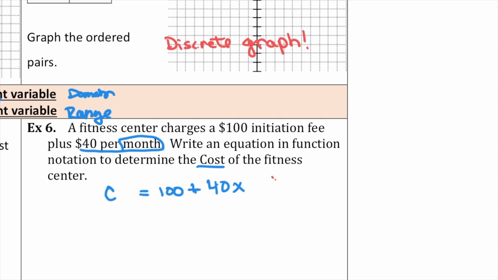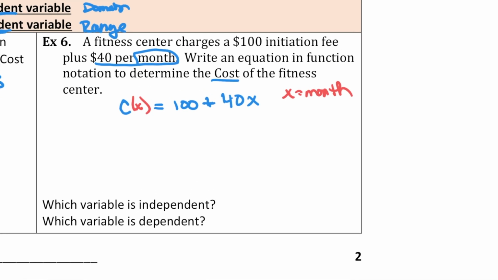So x is month. And since I'm using the variable x, we're going to write C of x. That's function notation. The independent variable in this problem is x. So x represents month. And the cost depends on the number of months. So cost, which is your C, is going to be your dependent variable.